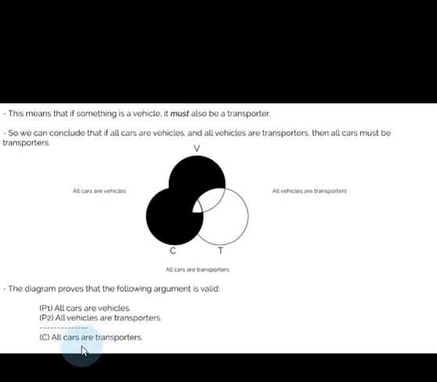In other words, if I look in the car circle, will there be any cars outside of the T circle? No, everything's all blacked out. So simply by assuming the truth of the premises, by representing them as true, we can also see that the conclusion has to be true. The conclusion just showed up all on its own.